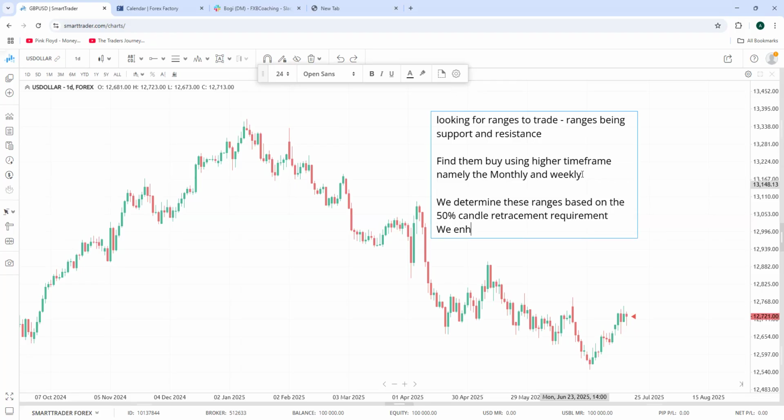We enhance these levels with further support and resistance using the close, open, high, and low of the monthly, weekly, and daily.